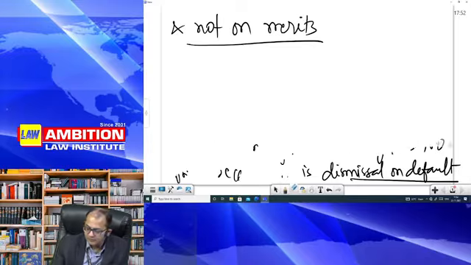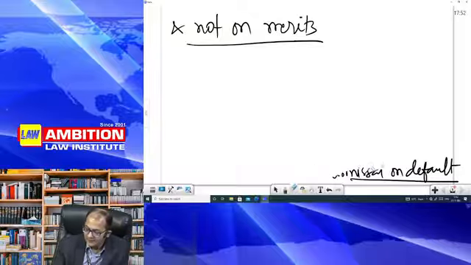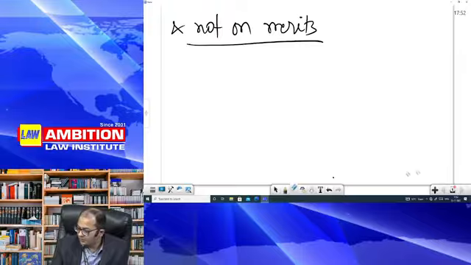Is this clear? I think there is no problem at all. This is very simple. So this is dismissal on default, not on merits.